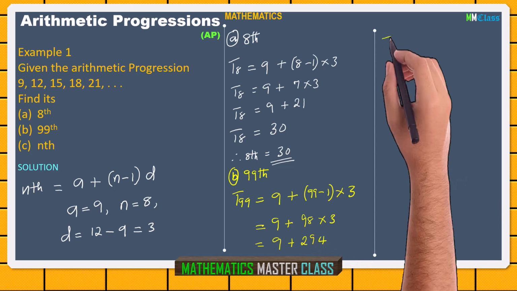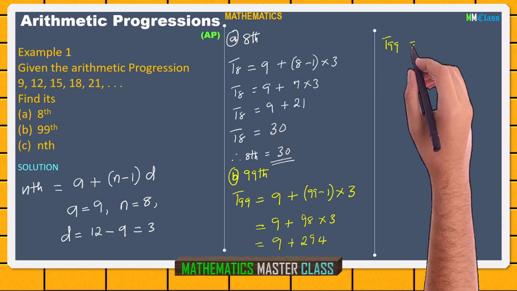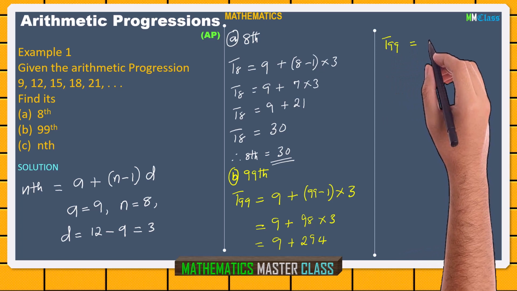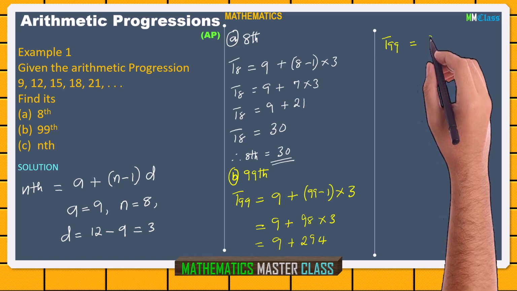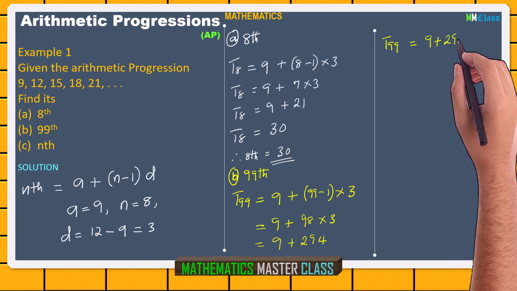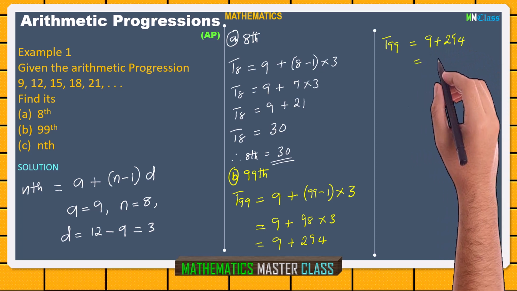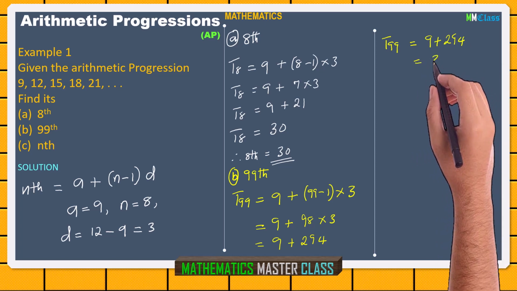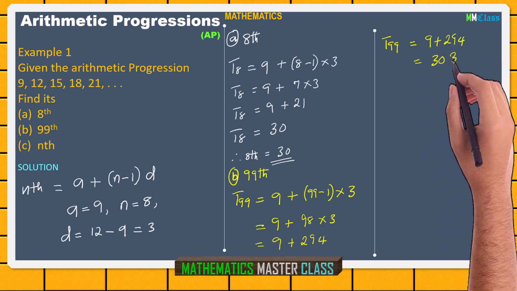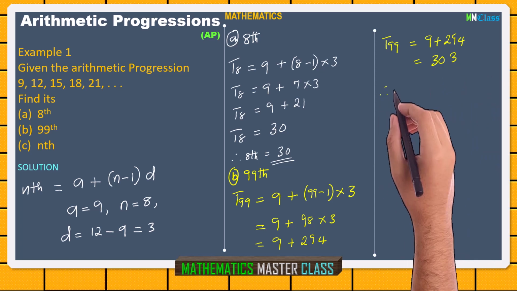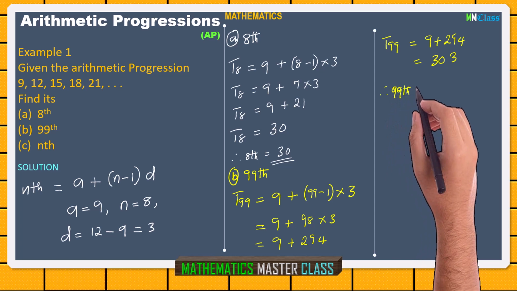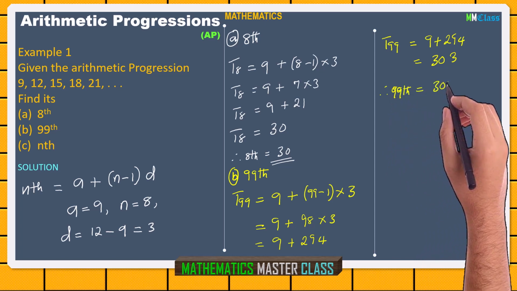So T99 is 9 plus 294, which is 303. Therefore, the 99th term is equal to 303.